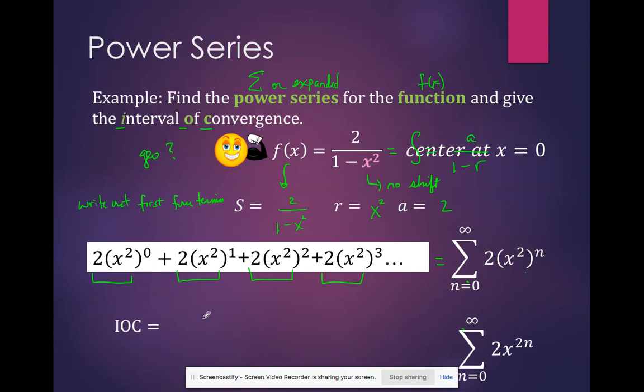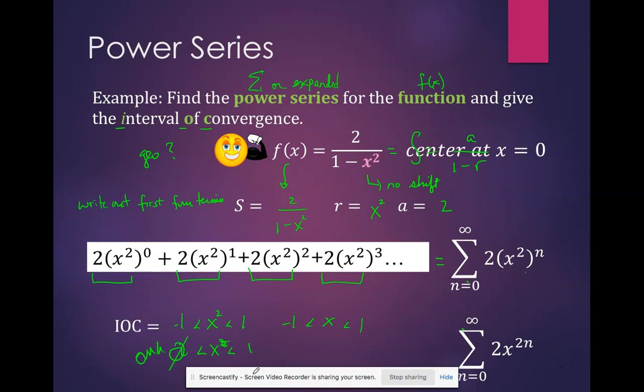What's your interval of convergence? Now, I will have some kids that do this. Please don't do this. Or even undefined or something. Stop it. Think about what you're saying, right? No, I'm not taking the square root of all of these. I just want to know if x squared is between negative 1 and 1, well, so will x be.